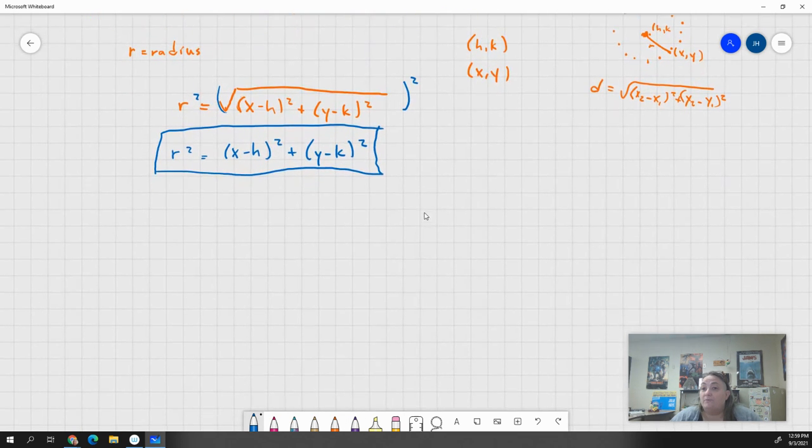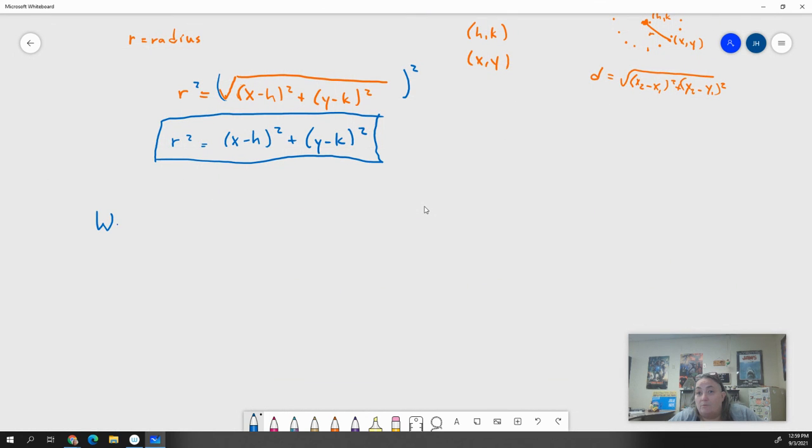So if you were told to write the equation, and you will be multiple times, of a circle with a point (3, 4) and a center (-1, 2).